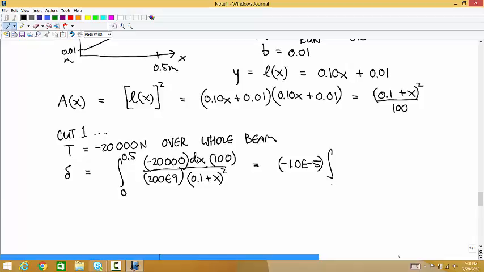times the integral from 0 to 0.5 of dx over 0.1 plus x squared. How do we integrate that?